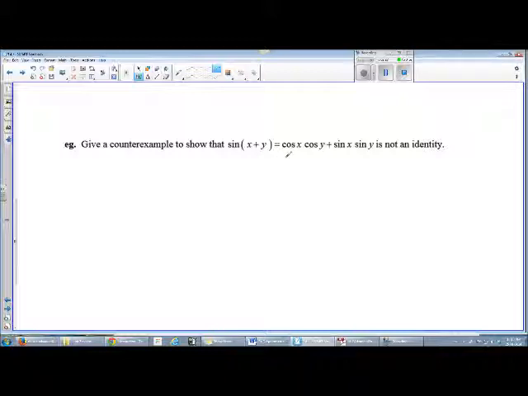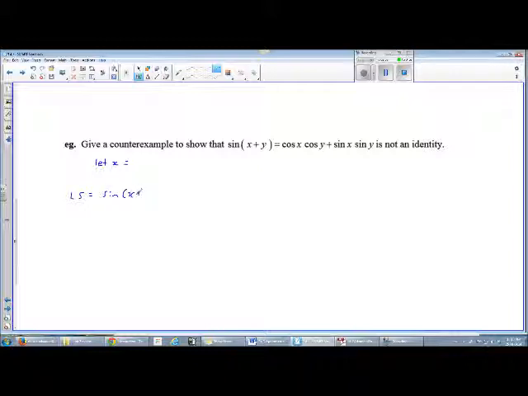Okay, so why don't you pause the video and give it a try yourself and try some values that could work. I'm going to try one myself here, but give it a little bit of thought and substitute them in, find the left side, and then find the right side, and see if they're equal or not.